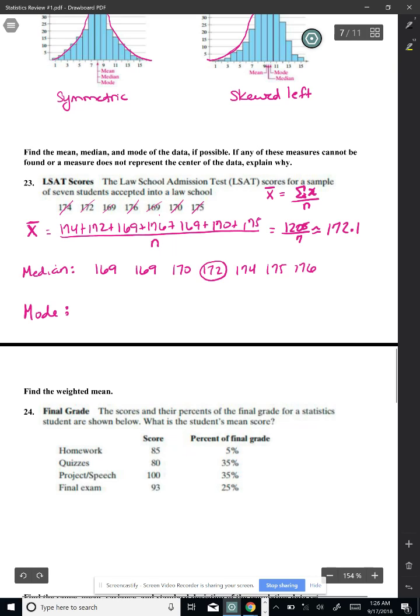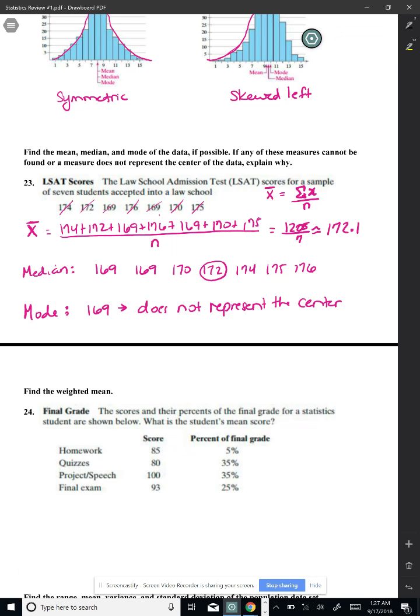And then the mode is the one that occurs the most. The only one that occurs more than once is 169. And this would not represent the center, because 169 is actually the lowest, or the smallest, of the numbers in the set.